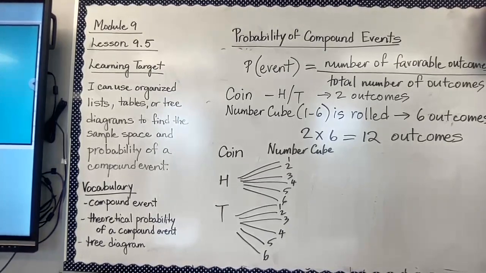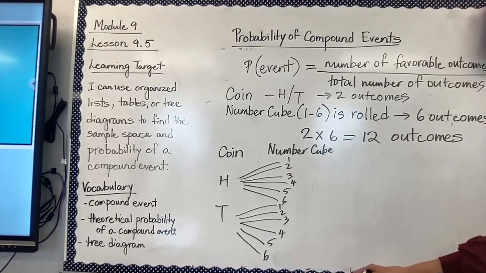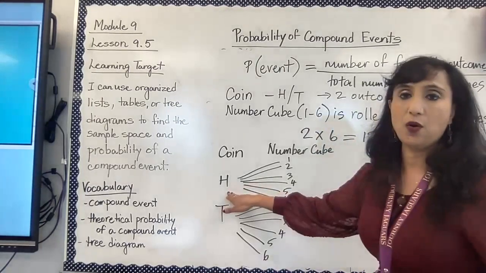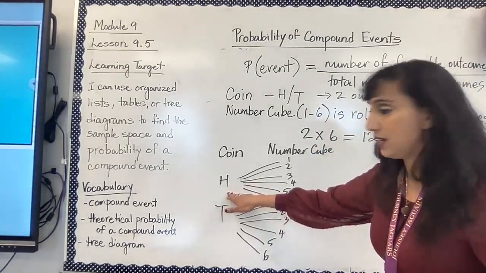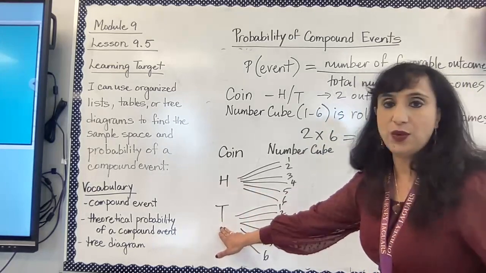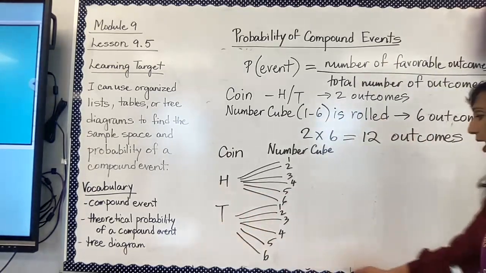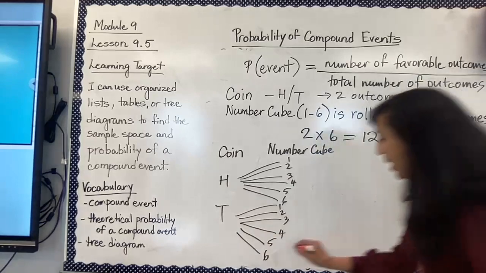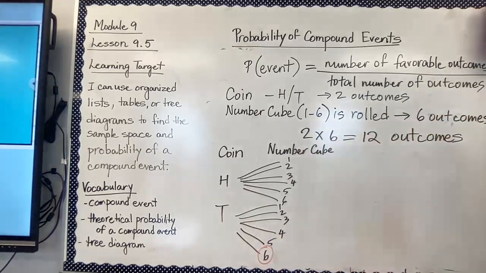The tree diagram here shows the sample space. And we are going to identify the outcome of tossing tails followed by rolling a 6. Okay, so let's look at, is this tails? No, so this is not going to affect us. Is tails here? Yes, so we have tails here and followed by 6.